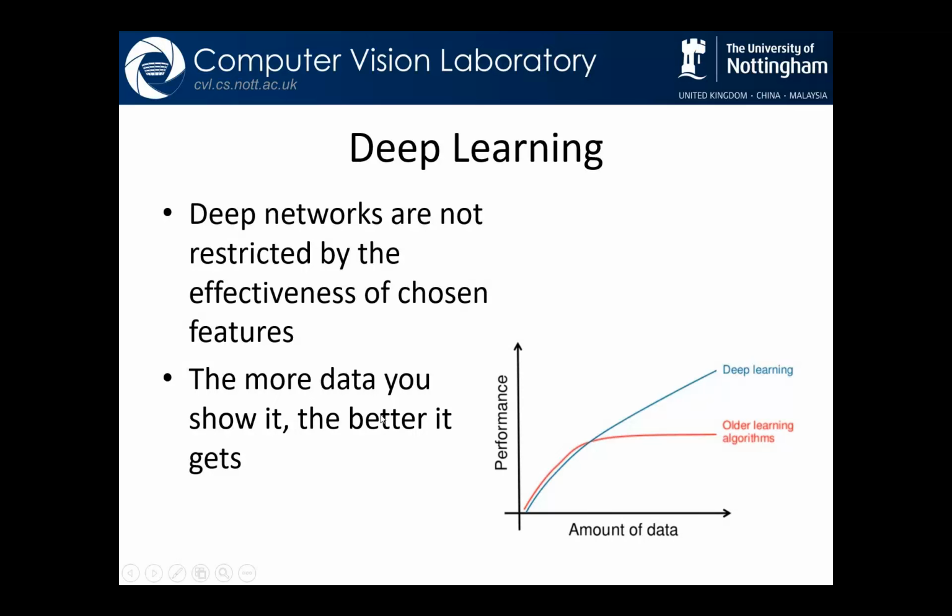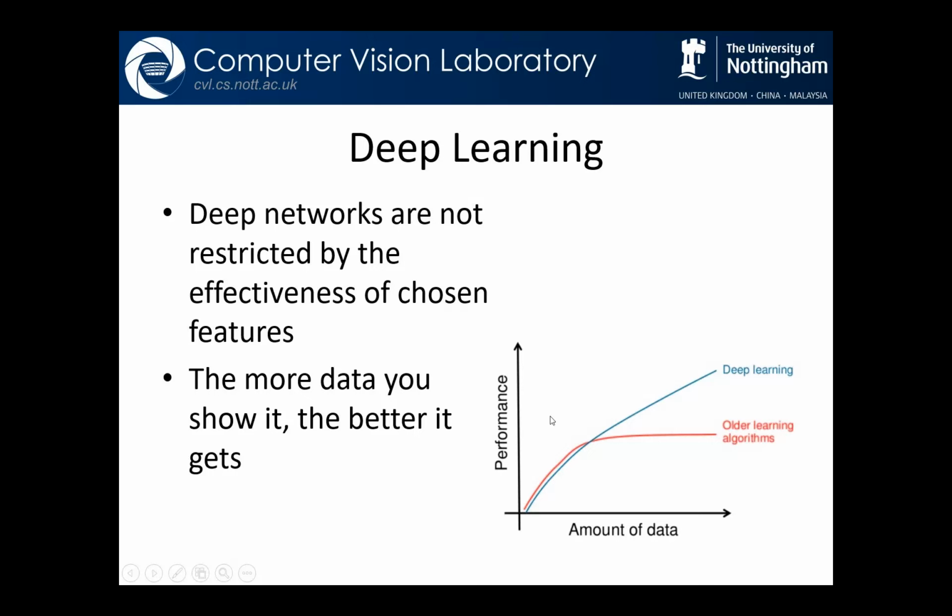And the idea being that artificial neural networks and standard shallow learning algorithms, as you add data, will eventually plateau out. They won't get any better because the representations that we've chosen to give them are as good as they're going to get, and they stay like that.